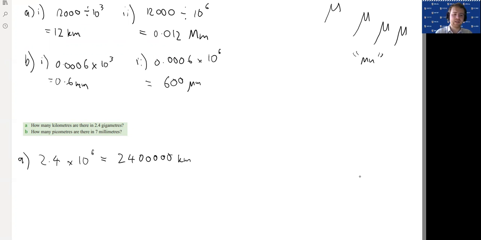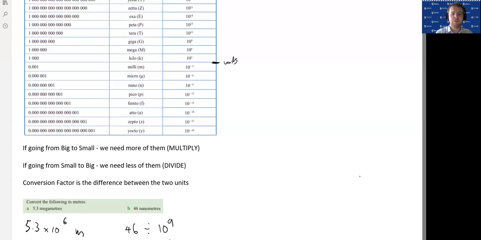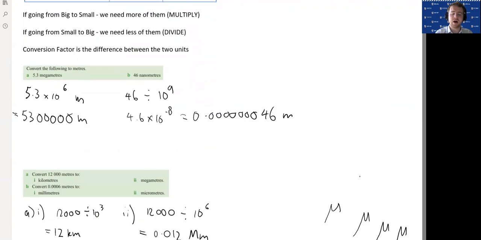That will be our answer. And then for B, how many picometers are there in 7 millimeters? So again, we're going from big. Milli is bigger than pico, so we're going from big to small. We're going to times, and then the difference between milli and pico. Milli is 10 to the minus 3, pico is 10 to the minus 12, so we're going to times by 10 to the 9.